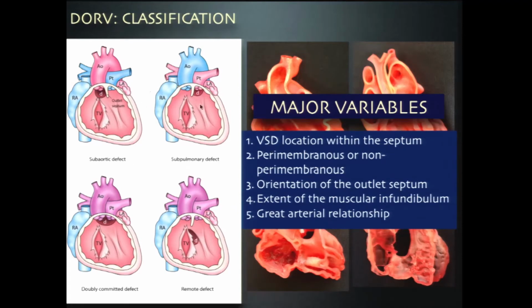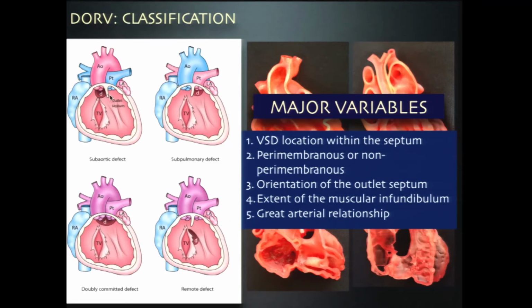So here, these drawings and the samples are all having situs solitus, levocardia, with aorta on the right side of the pulmonary trunk. However, you can have all the other variations. Anyway, if you look at the VSD here and here, they are not very different. They are in the outlet part.